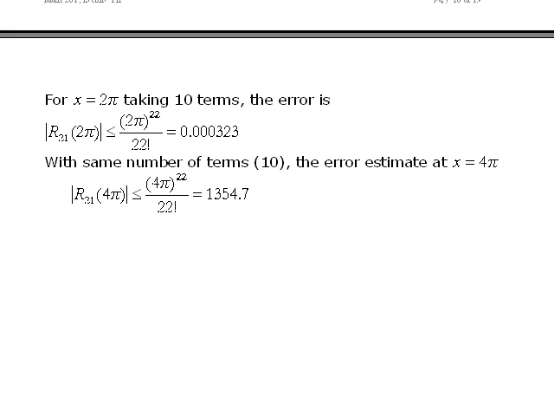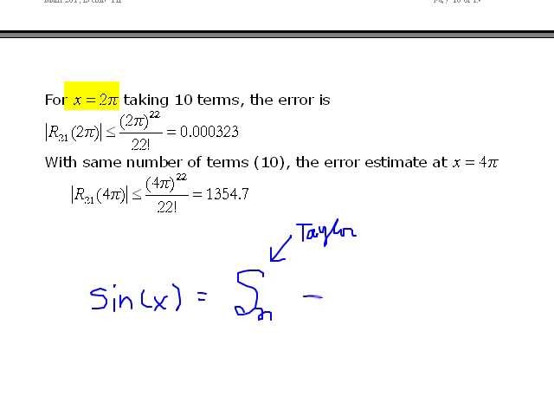So let's look at x equal 2 pi. We want to evaluate sine. So what we have is this situation. We have the sine of x, and we're going to evaluate it by taking so many terms, in terms of the Taylor expansion, plus this remainder.